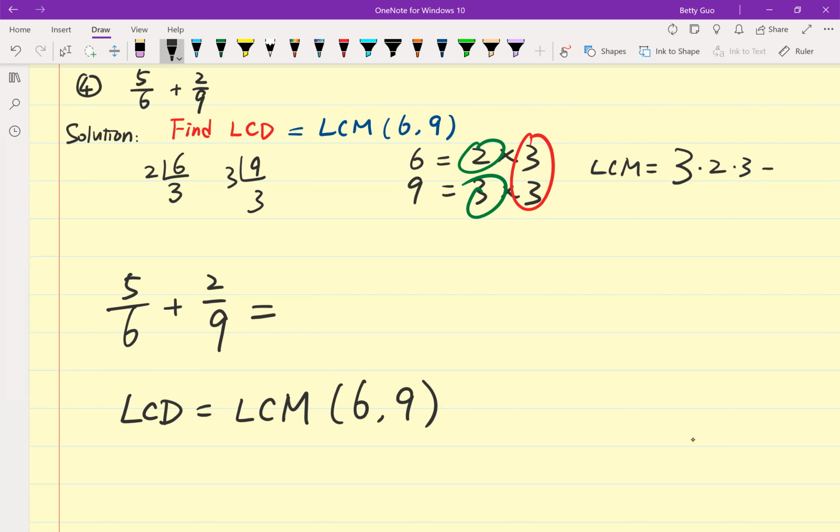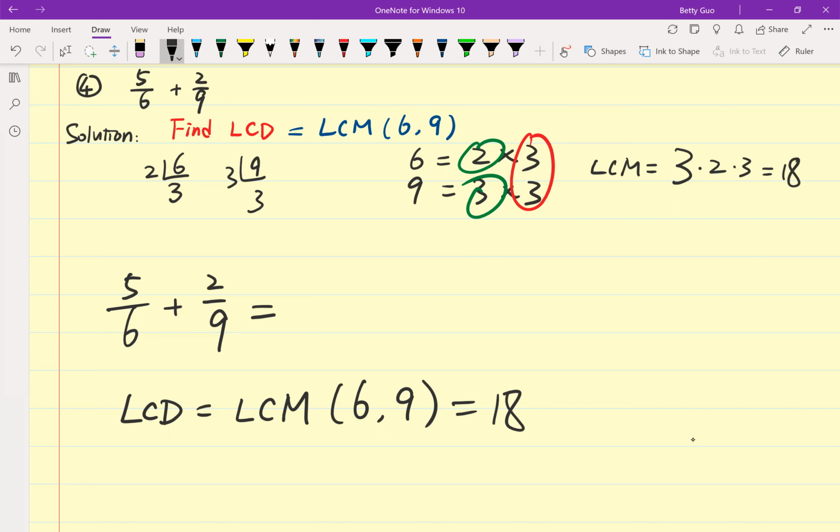So what is the multiplication of them? 3 times 2 times 3? 18. Awesome, it's 18. So the least common multiple is 18. The least common denominator of the two fractions is 18.